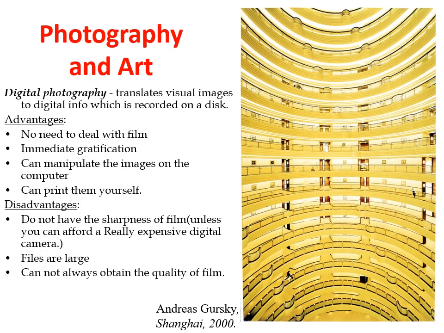And then getting into digital photography, Andreas Gursky, Shanghai 2000. With digital photography, it becomes kind of a blessing. You don't have to worry about all the harsh chemicals and things like that. Everything's saved to a disk. You can view your images almost immediately and delete the bad ones.